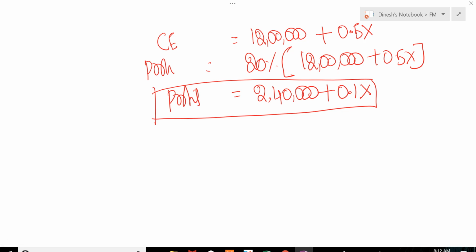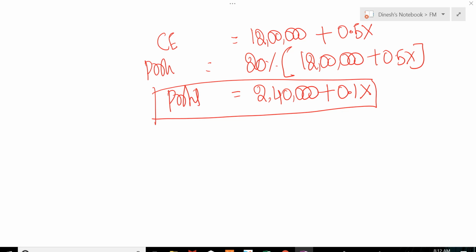My profit margin has to be 20% of capital employed. Any doubts till now?